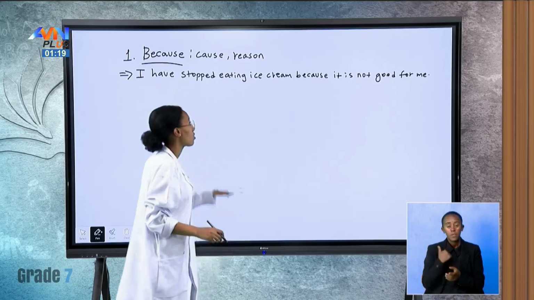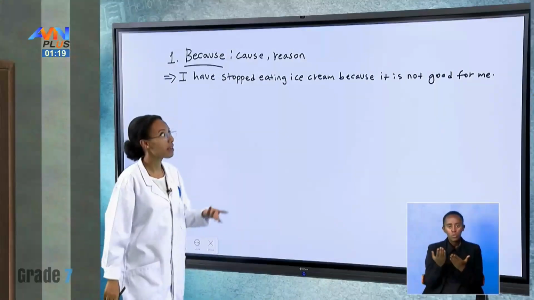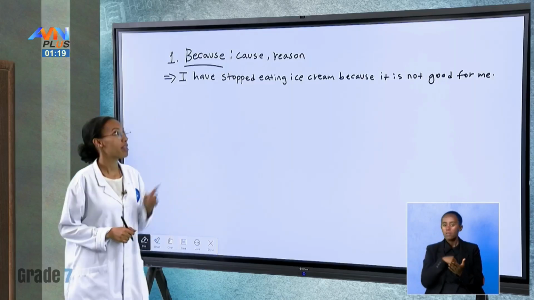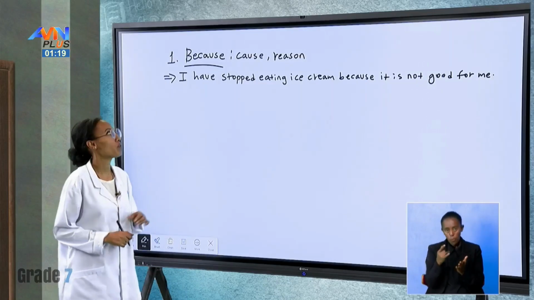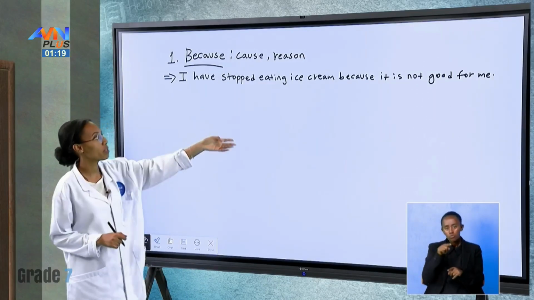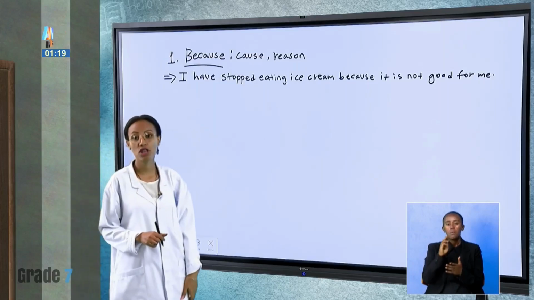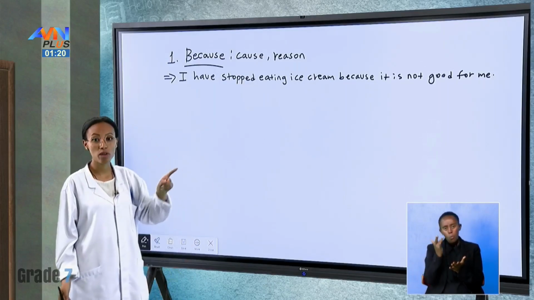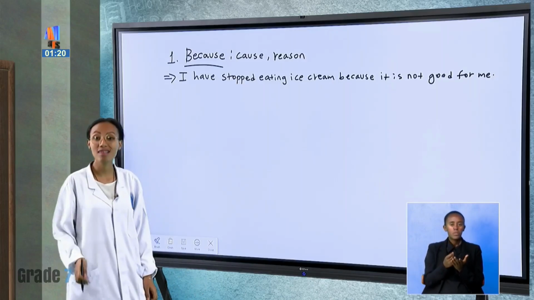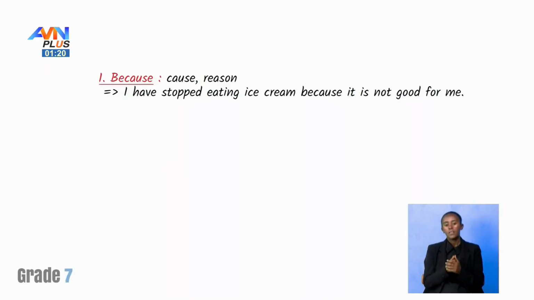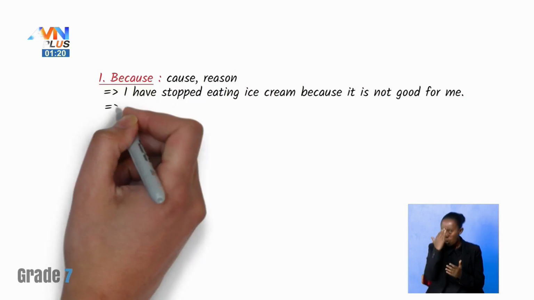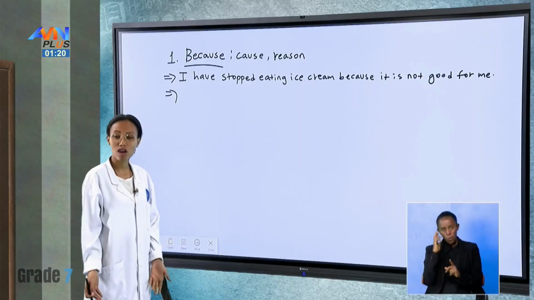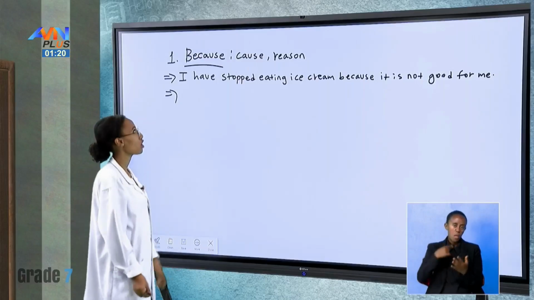We have stopped doing something. Why? Because it is not good for us. That is the why it's asking. Whenever you use the subordinating conjunction because, people often ask why, and that is what it is answering in this case. If someone says, why did you stop eating ice cream? Then you would say, because it is not good for my health. It's not good for me.